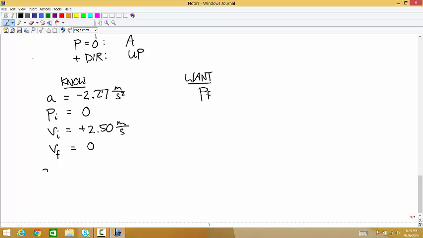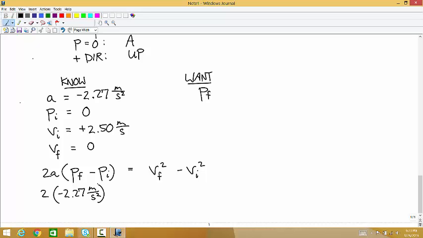And the equation we can use here is 2a times the quantity PF minus PI is equal to VF squared minus VI squared. So we have 2 times negative 2.27 meters per second squared times the quantity PF minus 0 is equal to 0 squared minus 2.50 meters per second squared.